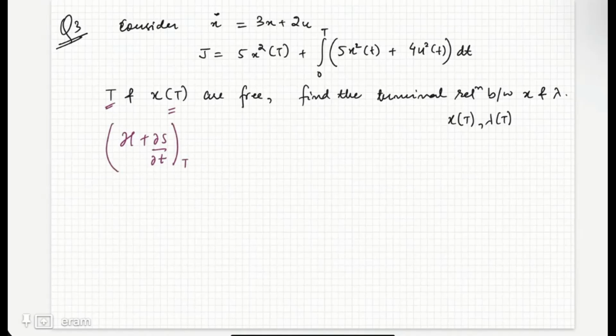This should be 0 because that is the coefficient of delta t, and at the same time del S by del x minus lambda at t should also be 0. Now when we evaluate this, it will give us del S by del x is 10x, so it is 10x of t.